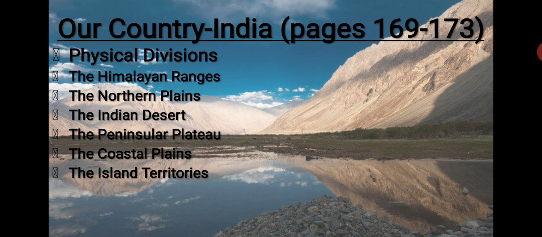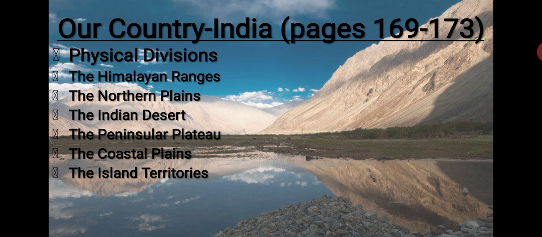And these are also known as the physical features of India. So, today I am going to teach you about the physical divisions, as I told you. So, take out your book and open the chapter Our Country India, on pages 169 to 173.